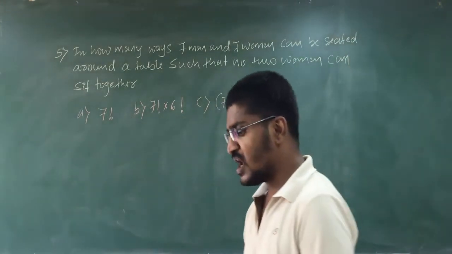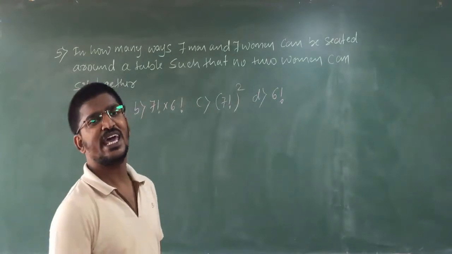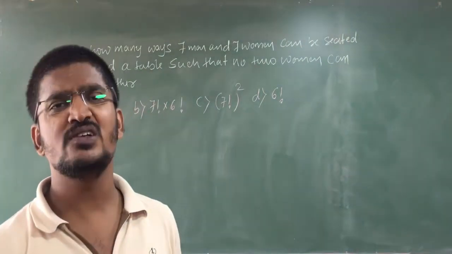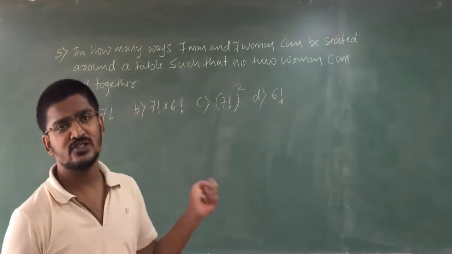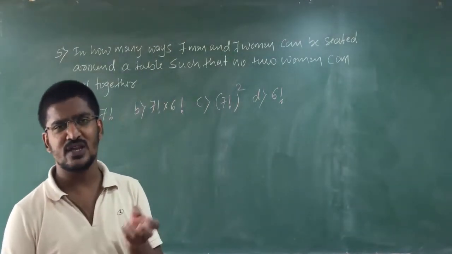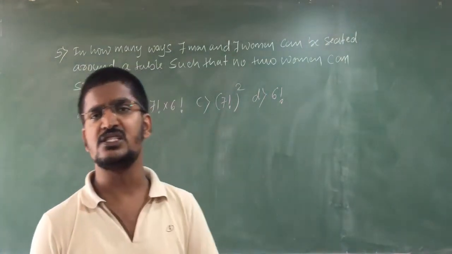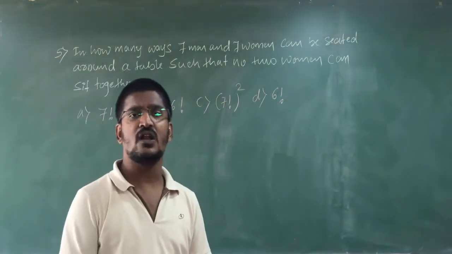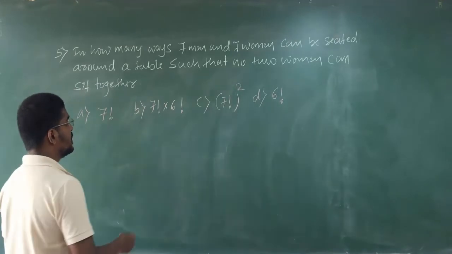This is also the same kind of problem. Try to solve the problem by pausing this video. I will solve this problem, no worry, but you try to solve it yourself by pausing this video and check whether you are getting the correct answer or not. Okay, now let us solve this.